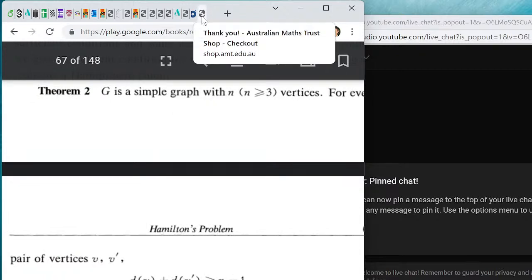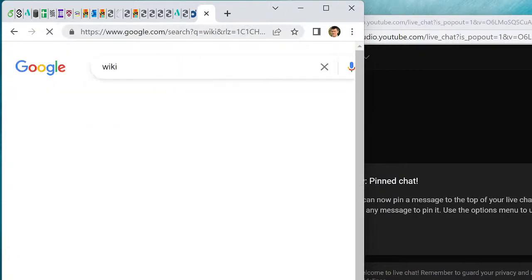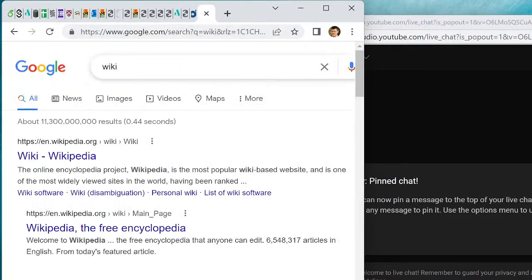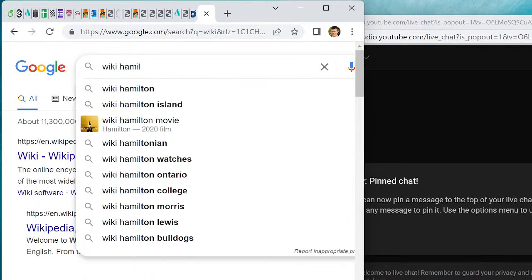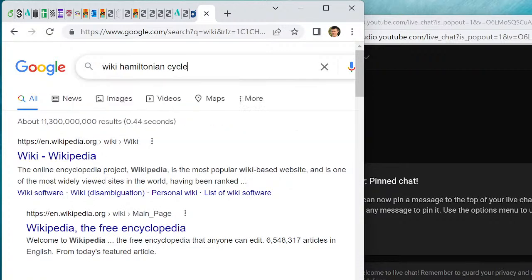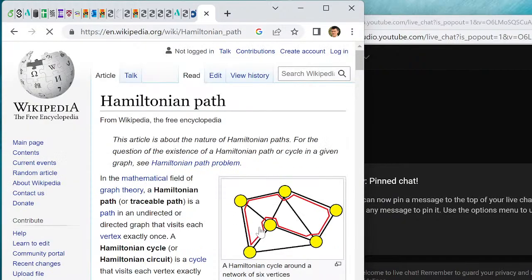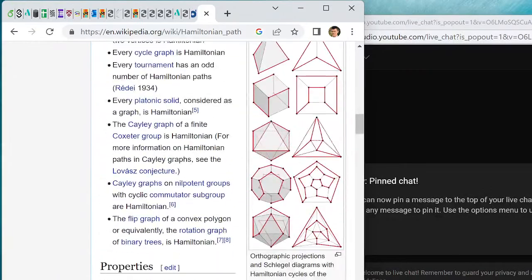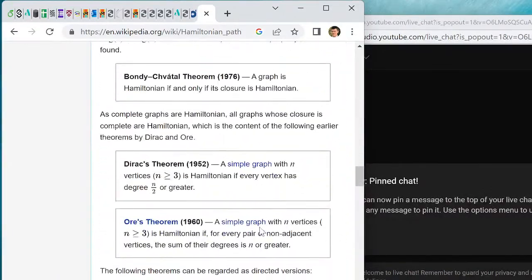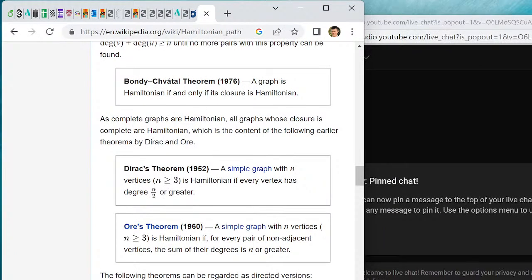I mean, we have Wikipedia, Hamiltonian cycle. I think Wiki has a list of sufficient conditions for a Hamiltonian cycle.